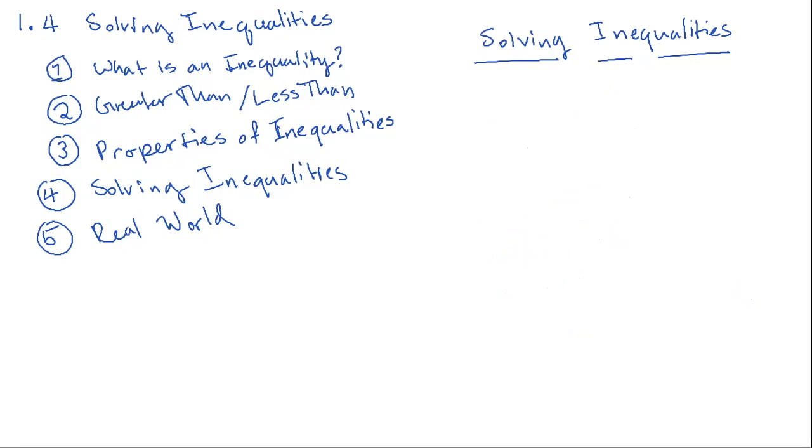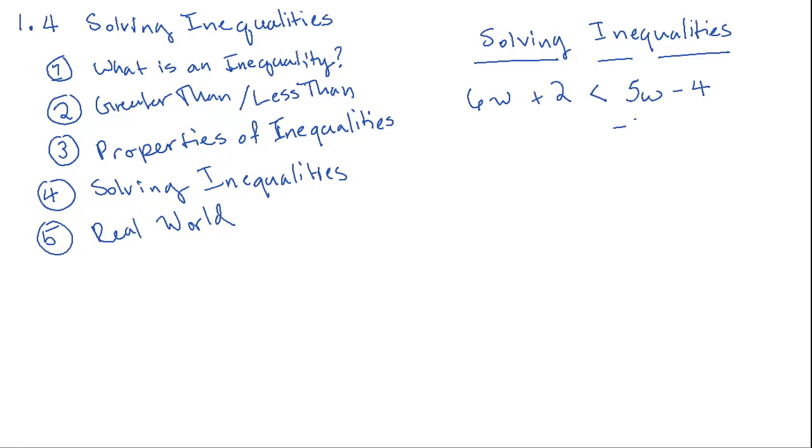All right, suppose we have the problem 6w plus 2 is less than 5w minus 4. Once again, we're going to try to get w by itself. So I'm going to bring all the w's over here and all the numbers over here.